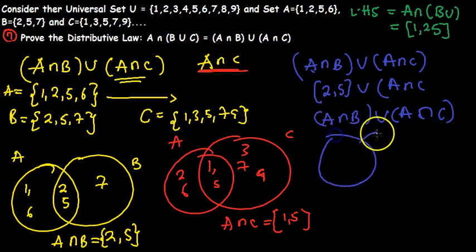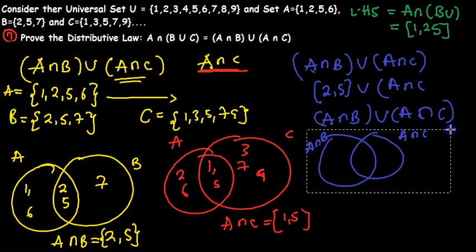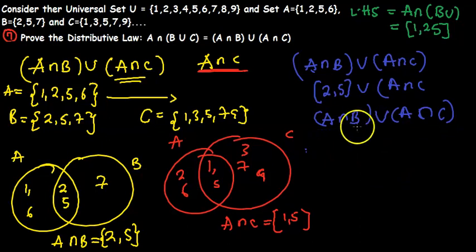Let's assume this is our A intersection B, and we have to find the union with A intersection C. I mean, we don't even need the diagram. We can easily find it.